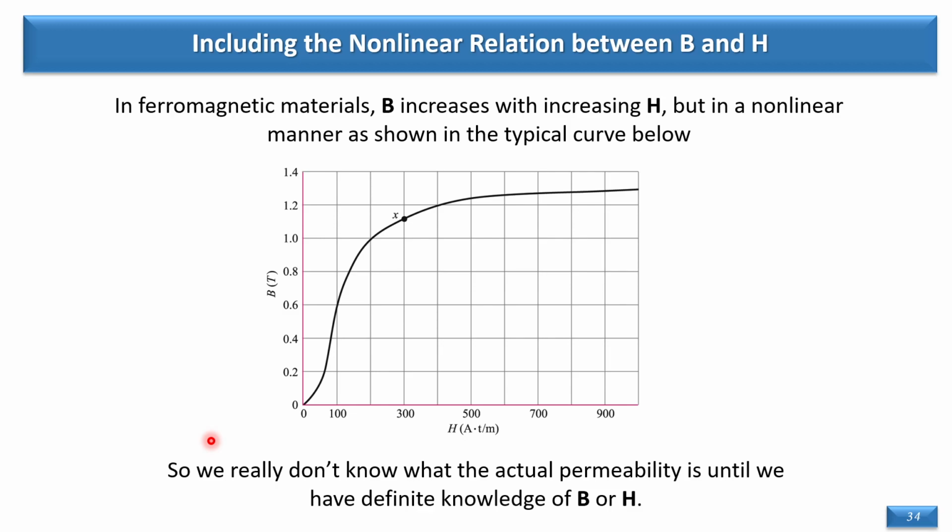If we have H, we will not be able to know B, except if we know the hysteresis curve and the history of this magnetic material, so that we can find the operating point and relate H to B. So the history and nonlinearity are important when solving problems in ferromagnetic material.